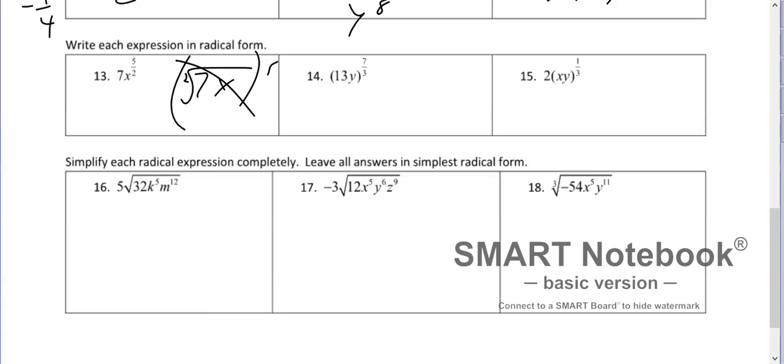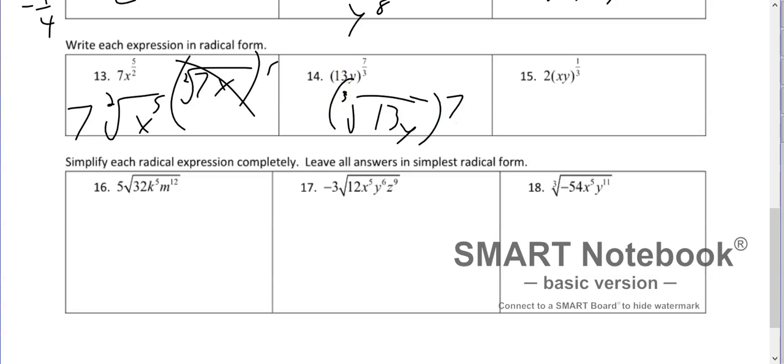That's what you do for 14. For 13, the 7 stays outside. Okay. Now on 14, the entire 13y goes under the radical. That's a 3 there. Let me clean that up a little bit. That's a 3 there, 7 there.